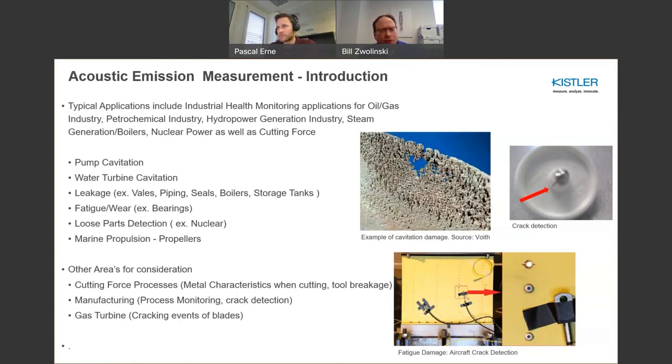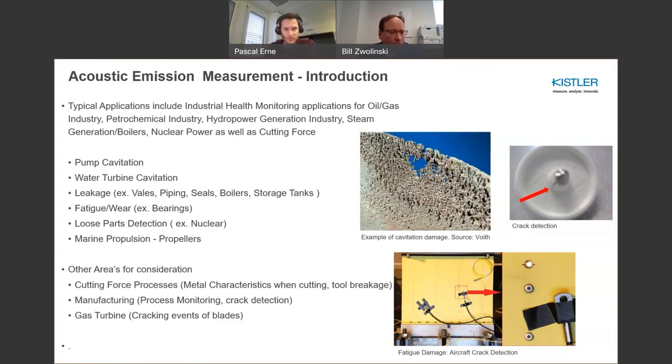So there's a lot of different ways you can use acoustic emission to detect events such as pump cavitation, water turbine cavitations, leakages of all sorts, from valves and piping, seals and storage tanks.